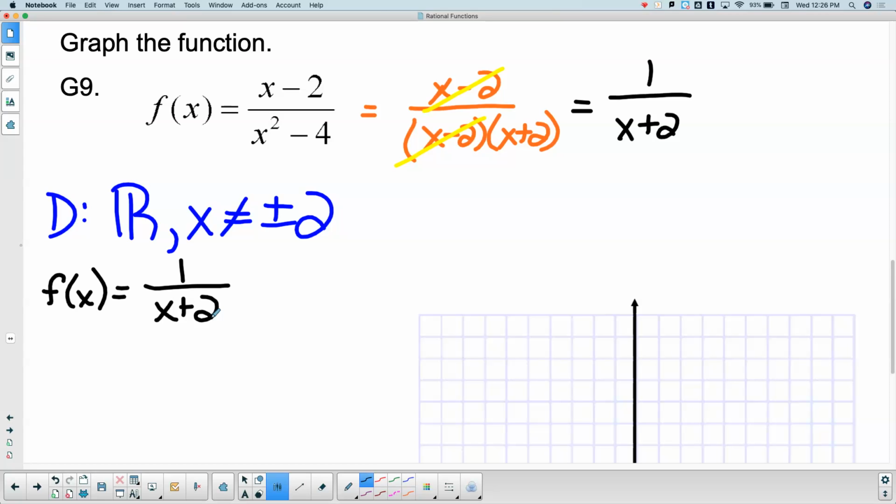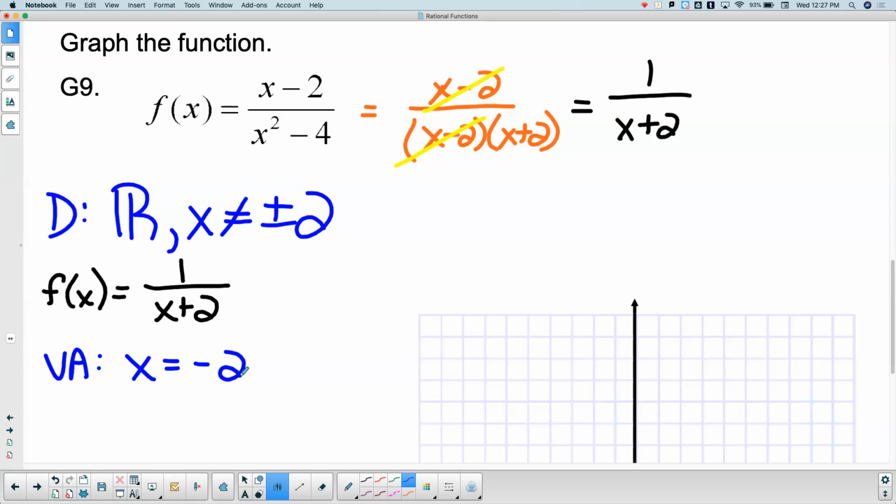And now from there, I go with the regular steps all the way through. So my vertical asymptote here now is just at x equals -2. I don't have a vertical asymptote at x equals 2 because that's where my hole is going to be.